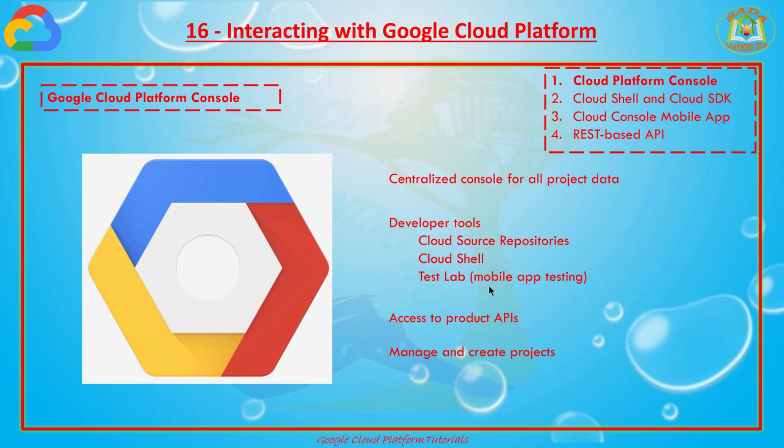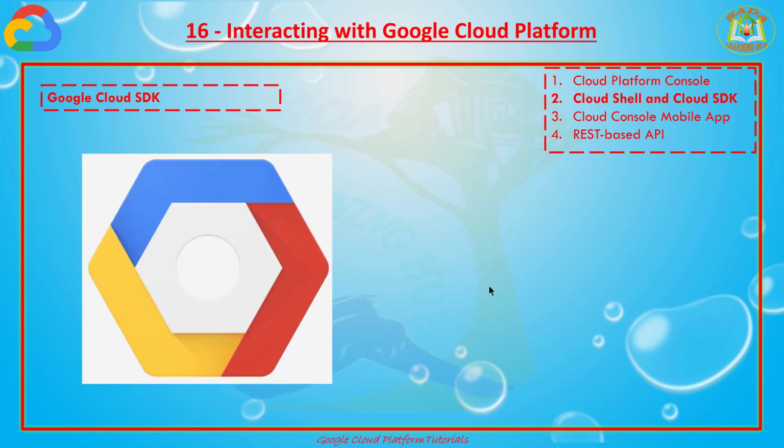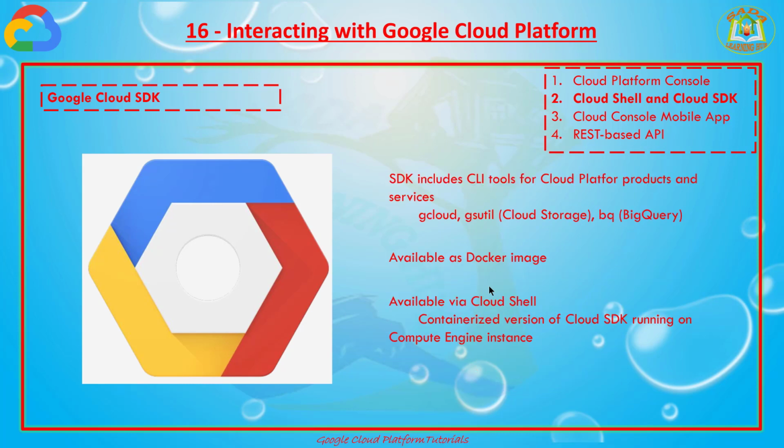And coming to the next one, Google Cloud SDK. The Google Cloud SDK is a set of tools that you can use to manage the resources and applications hosted on the Google Cloud Platform. This includes the gcloud tool, which provides and maintains the command line interface for Google Cloud Platform products and services, as well as gsutil and bq.